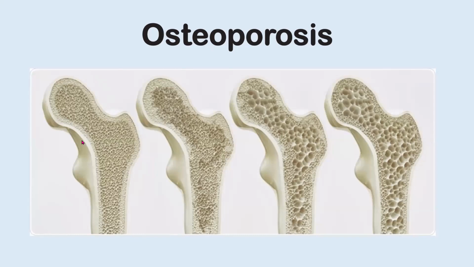The left one, normal bone. As the internal parts are slowly eaten away, the porosis means it becomes porous. And then because there's only a thin layer of real bone that's left somewhere along here, a person can very easily break it.